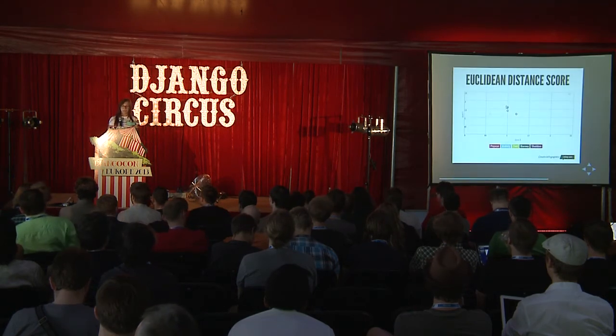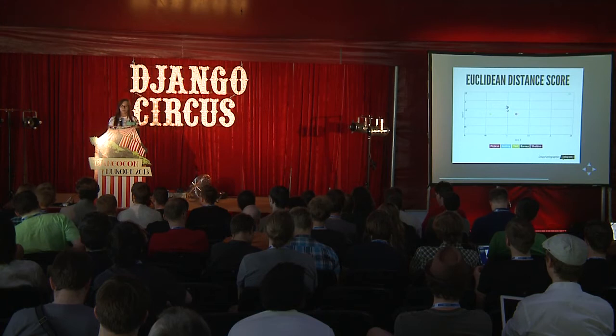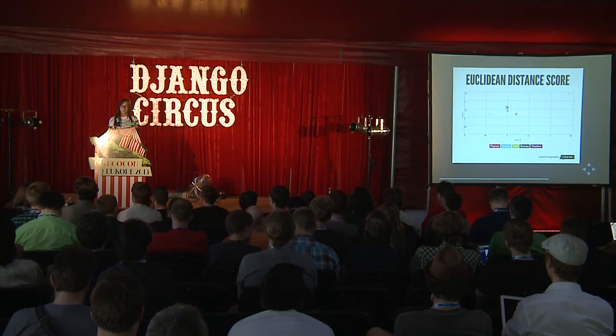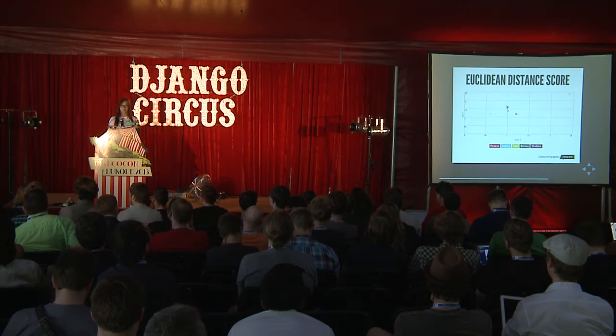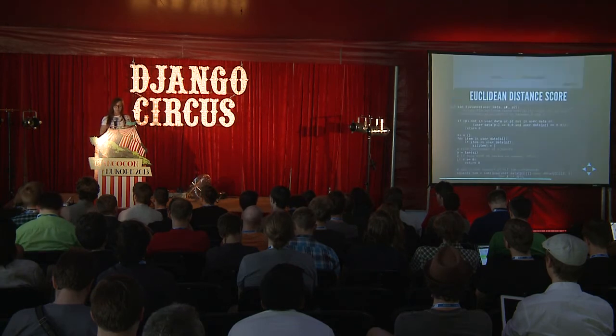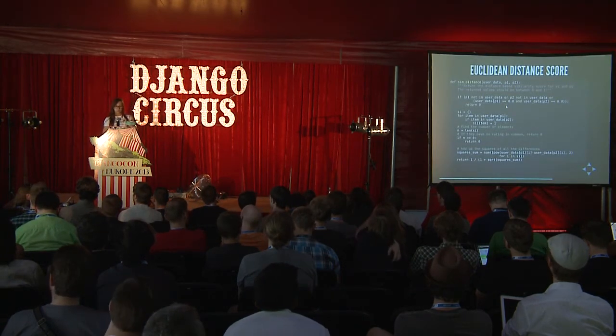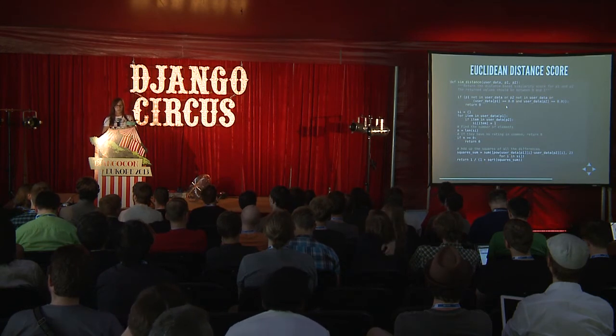The Euclidean distance is basically about finding the users, the items that are closest to the ones that we are analyzing at the moment. This code probably wouldn't work because it's simplified just to show you what is happening.